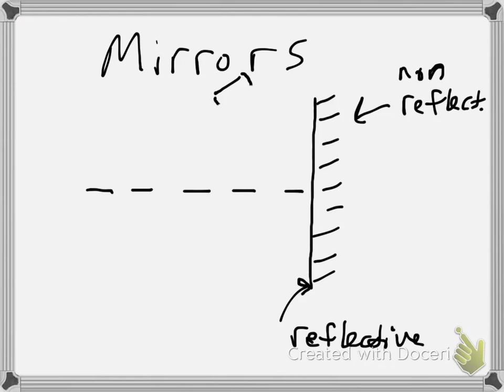Alright, so here's our light bulb, and imagine it's shining light out in every direction. Alright, now let's look at this beam, specific beam right here. This beam's going to come in, and it's going to hit the mirror, and we want to know what angle is it going to bounce off with, right? What angle will it bounce off with?